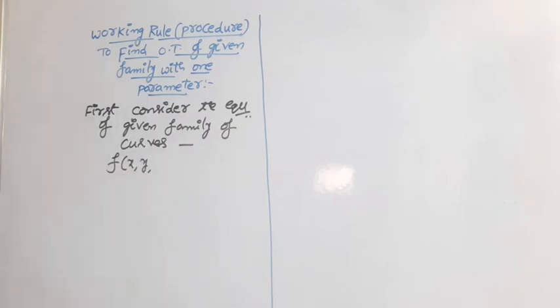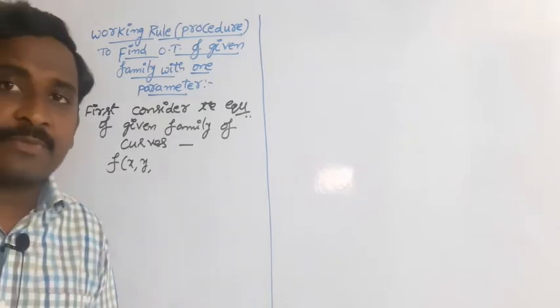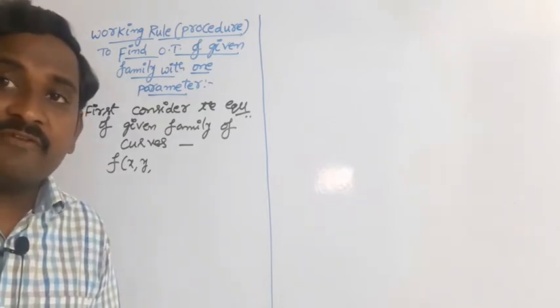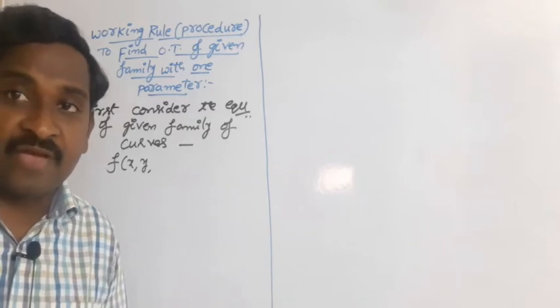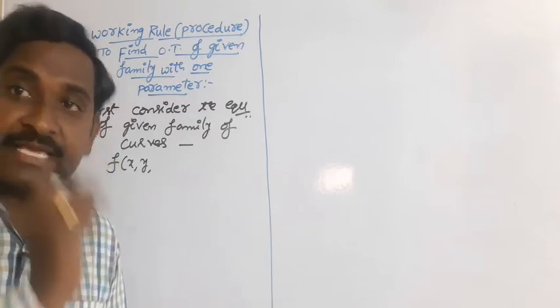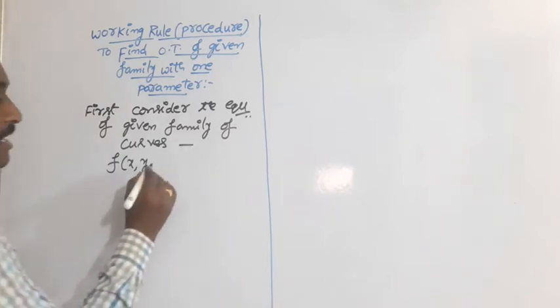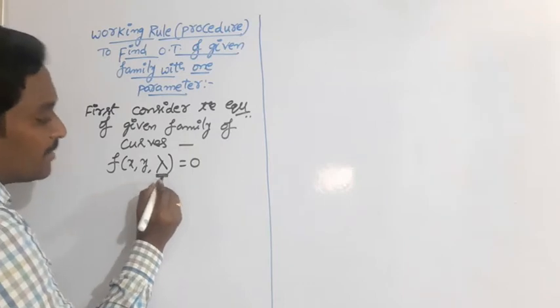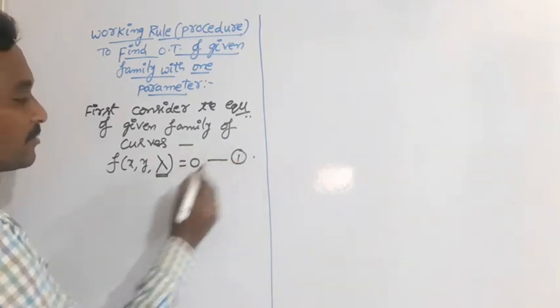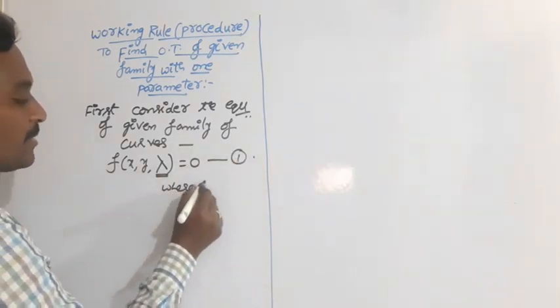Our family should contain only one parameter. If the given equation does not contain any parameter, it does not represent a family. It represents only a single curve. Don't forget it. Surely your family should contain a parameter, and I will represent that parameter with lambda. Take it as equation number 1, where lambda is the parameter.